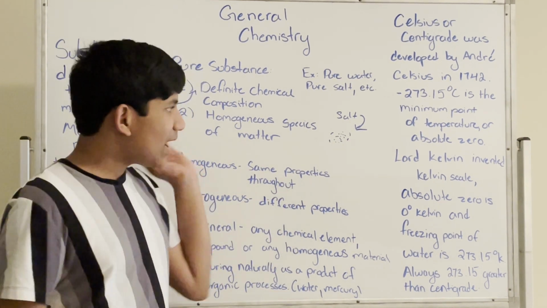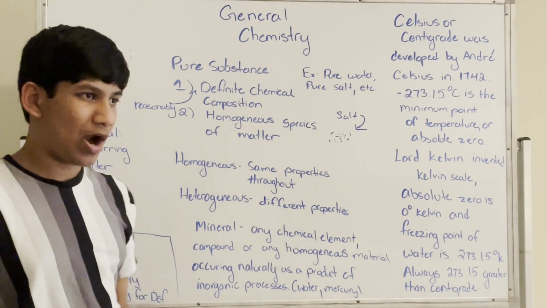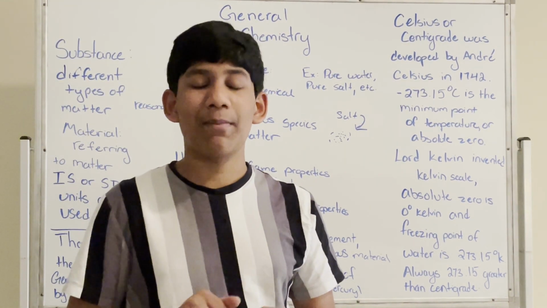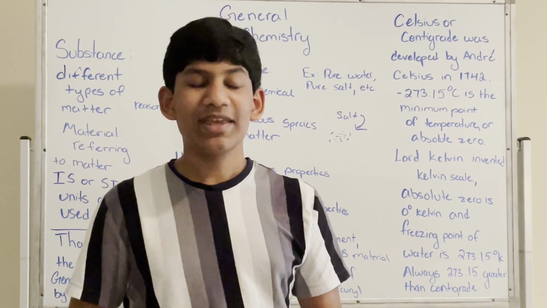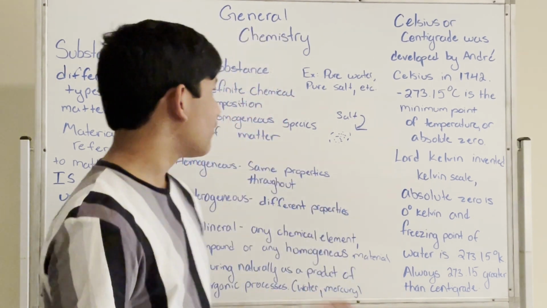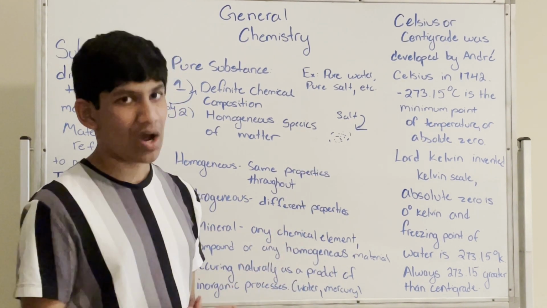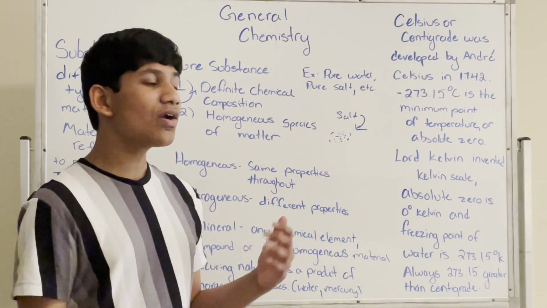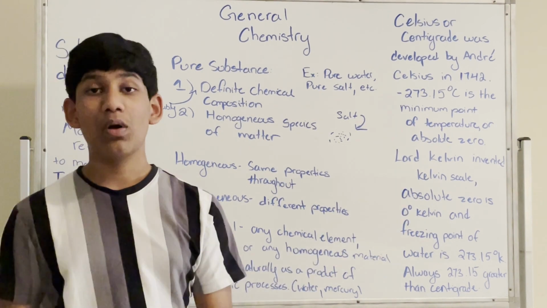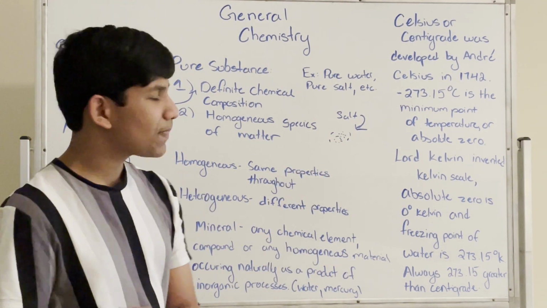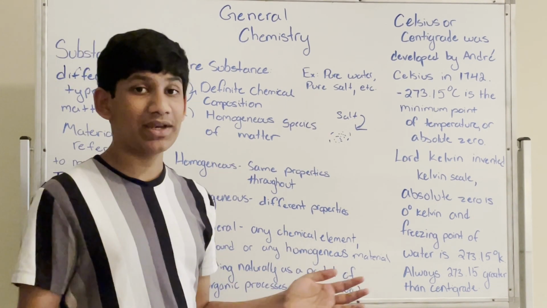Now, you might be wondering, how does sugar water have the same properties throughout? Well, if we consider the chemical equations and things we'll learn in the future, the chemical properties of this type of material, sugar water for example, are going to be the same throughout the whole glass of water. Now, when we're considering salt, just plain salt, this is just sodium and chlorine combined.